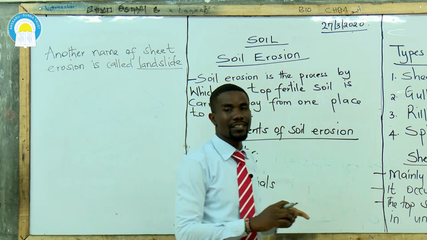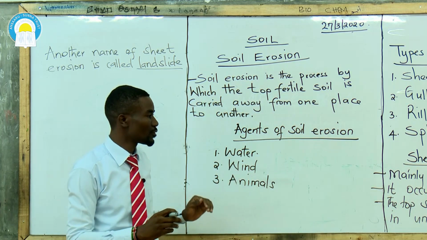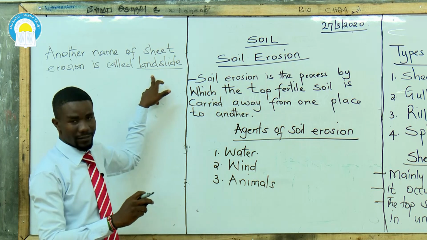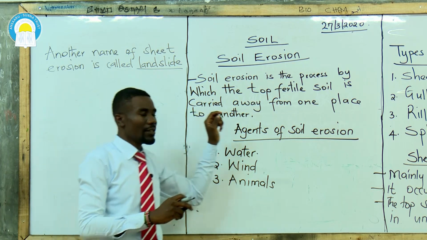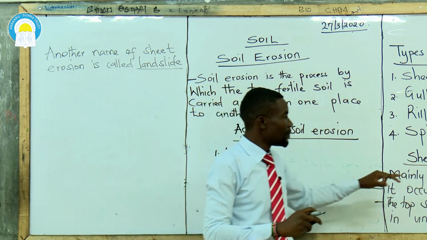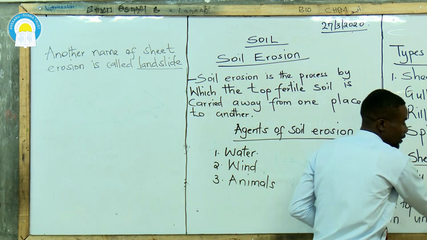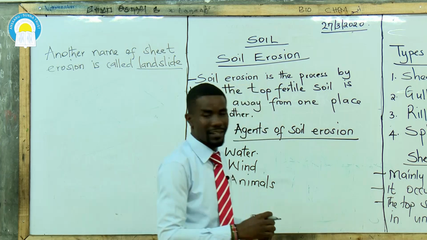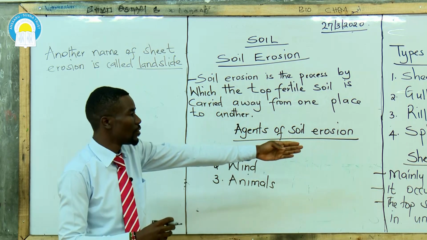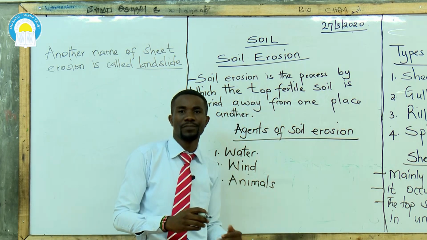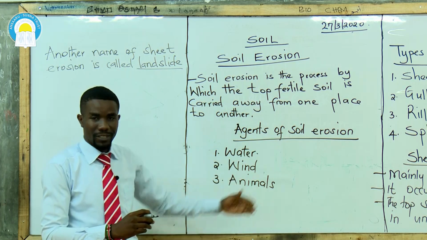So if you are asked in examination what is another name of sheet erosion, you must know that the name is landslide. If they ask you the main cause of sheet erosion, it is wind. Those are some of the key areas that they will test in examination. Where does it occur majorly?